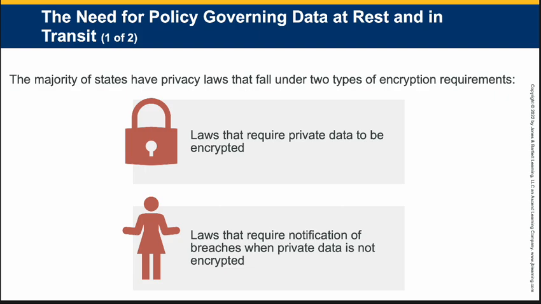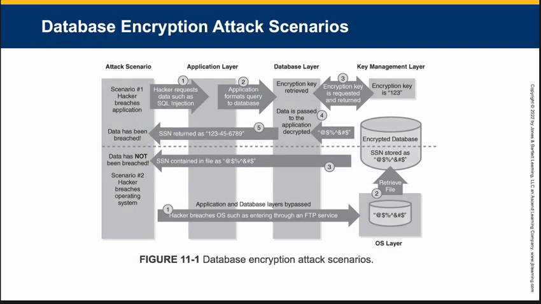So take a look at the scenario here. We have an encryption attack scenario. From the attack scenario, application layer, database layer to key management. The hacker requests, SQL injection, and formats the database, encrypted key request and return. So it's returned, and they managed to get the social security number.